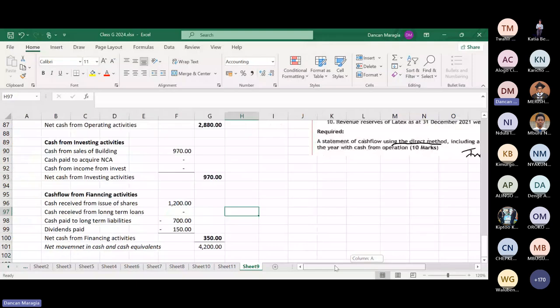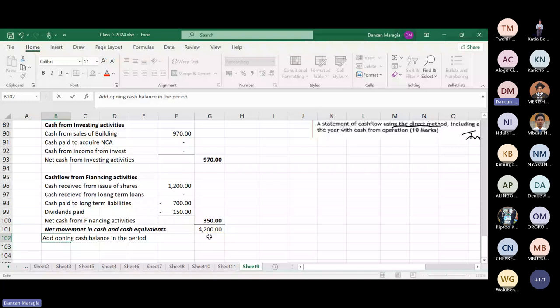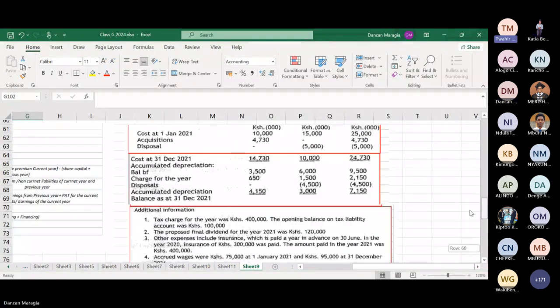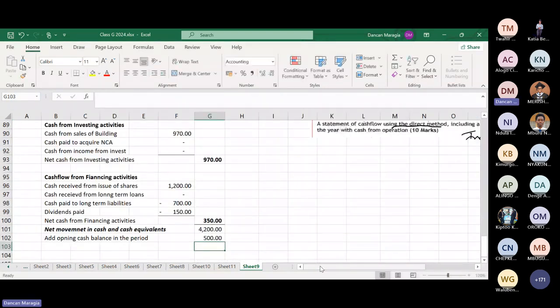Movement in cash and cash equivalents, 4,200. Correct? Then you add the opening cash balance in the period. The opening cash balance was how much? 500. Once we add it, it should give us the closing cash balance.